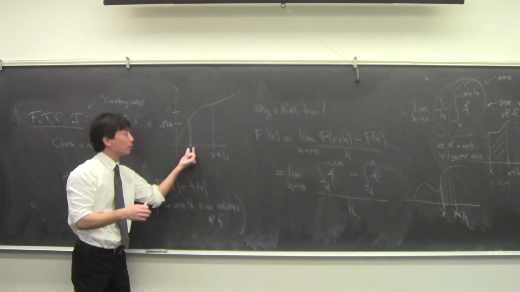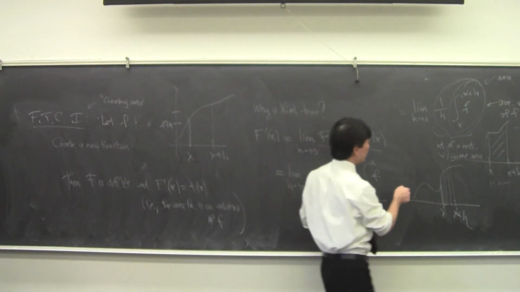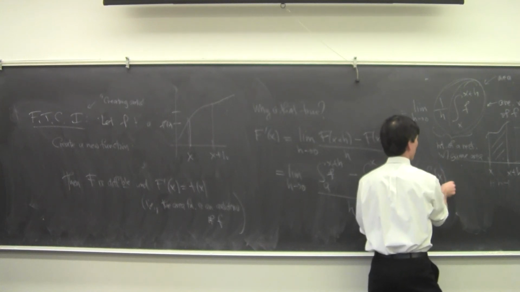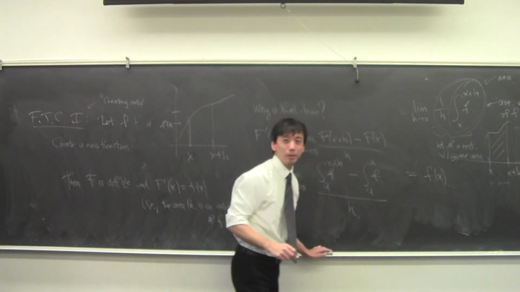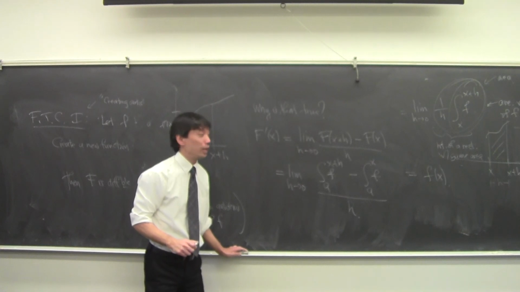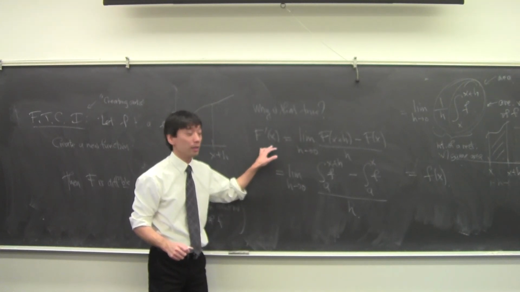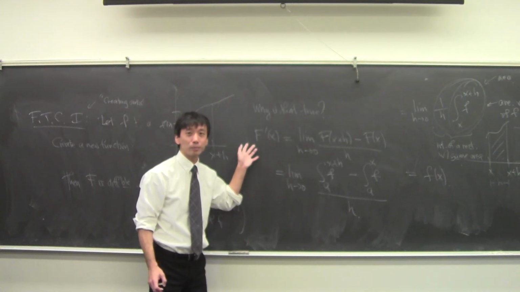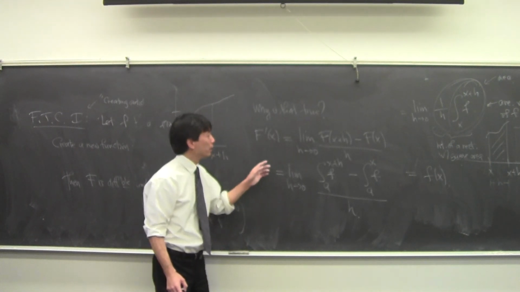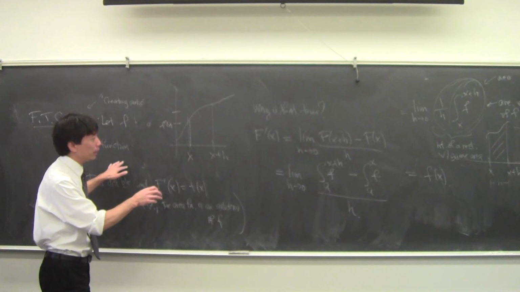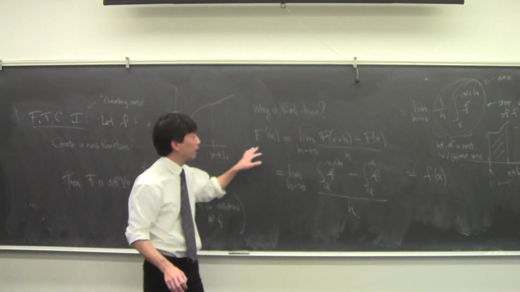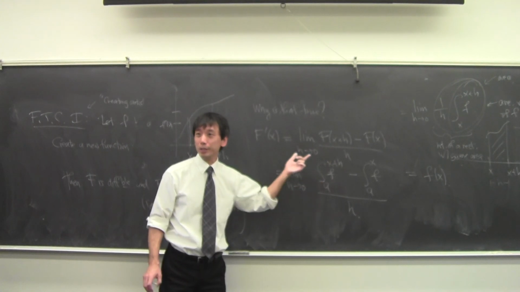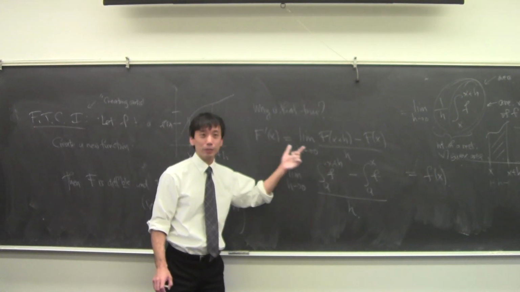As I get closer and closer, this thing turns into f of x. And so this is how you understand the fundamental theorem of calculus: if you create this area function, then its derivative is just the original function.